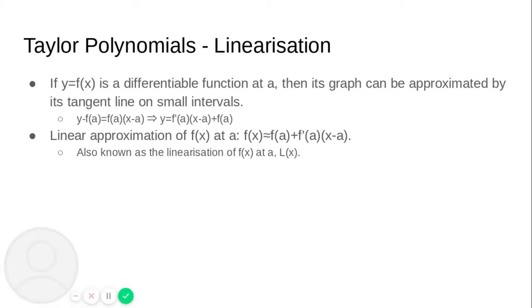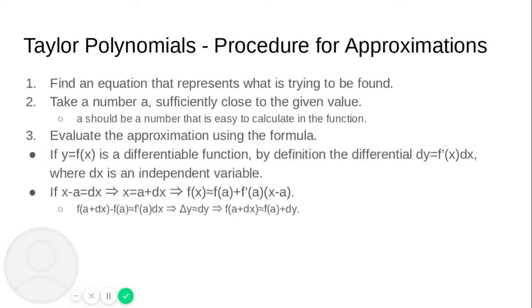Then y would be equal to f prime of a times x minus a plus f of a. So the linear approximation of f of x at a is f of x approximately equal to f of a plus f prime of a times x minus a. Again, this is known as the linearization of f of x, also known as L of x.